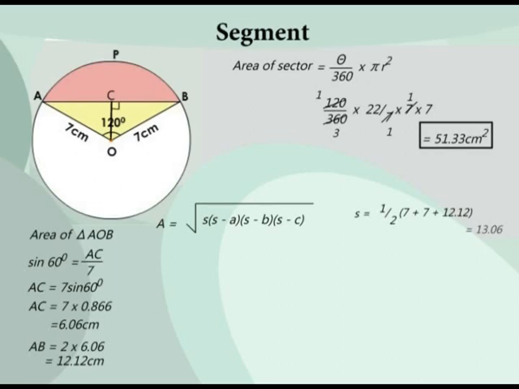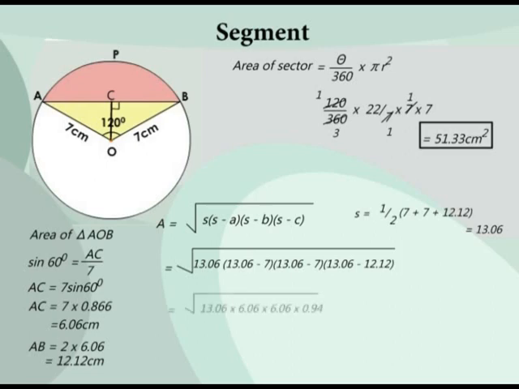That gives us 13.06. Area will be equal to the square root of 13.06 times (13.06 minus 7) times (13.06 minus 7) times (13.06 minus 12.12).